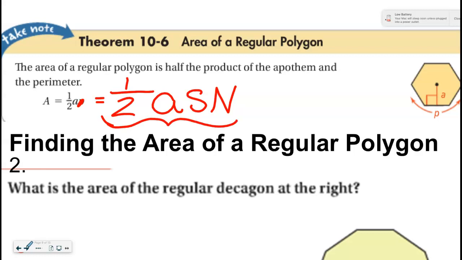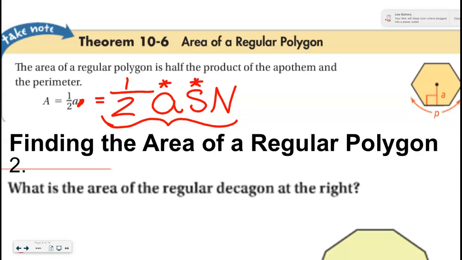You need to get an apothem, you need to get a side length, and given for free will be the n. They'll tell you if it's a hexagon, you put in a 6, octagon, you put in an 8, decagon, you put in a 10. So you will know the n. So I want you to star the A and the S. That's going to be your task today, is figure out what's the apothem and what's the side length.